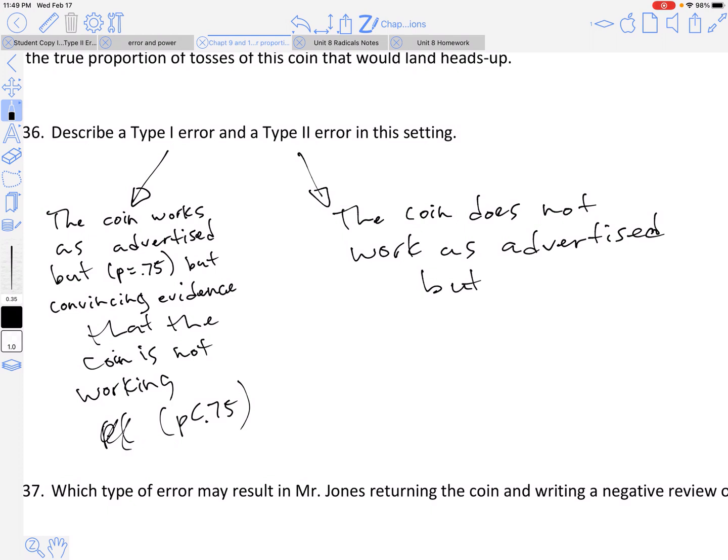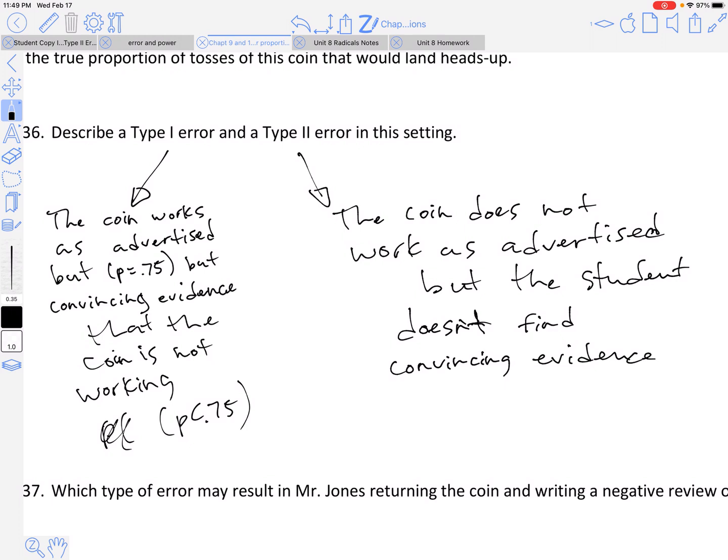But the student doesn't find convincing evidence that the coin is not working.